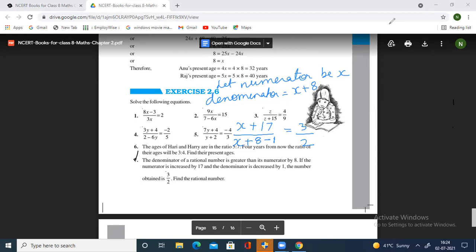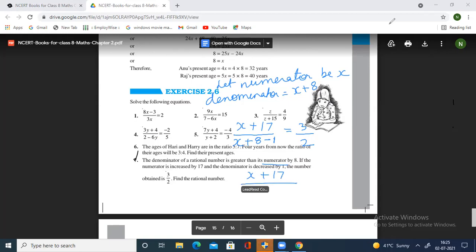So what we are doing in this question, we assumed the numerator x, so the denominator is 8 greater than x. So the denominator is x plus 8. And if we increase the numerator by 17 and decrease the denominator by 1, then the number is 3 by 2.